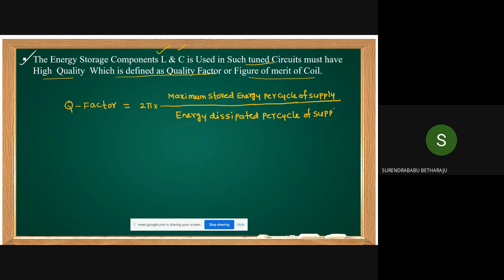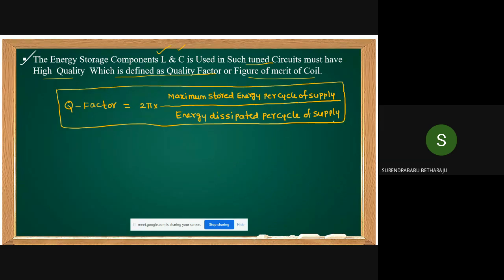That means if the energy dissipated is more, the quality factor of the coil is less. That is the meaning. This is the fundamental formula for the quality factor of a coil.